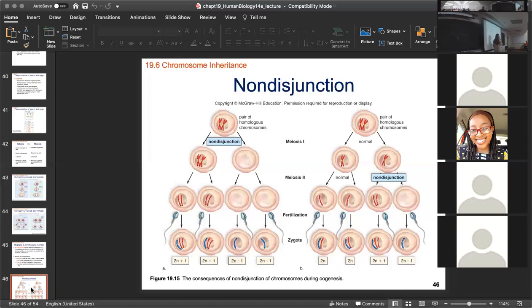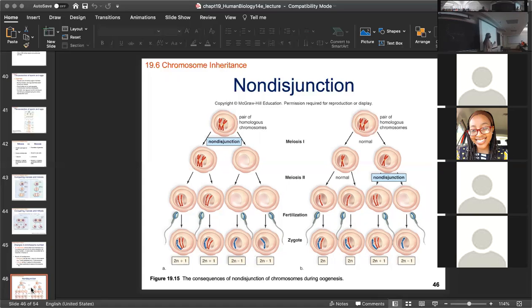Okay? Well, here is where the non-disjunction occurred on this one. But this one, we went through meiosis 1 and we divided normal. Right? We've got normal chromosomes there. And honestly, this left side is all normal. But now, during the second division, we had some non-disjunction, where they all went over to one cell and created trisomy and monosomy in that location.